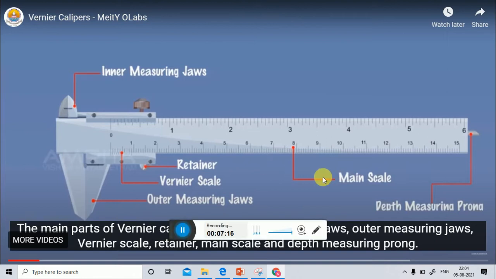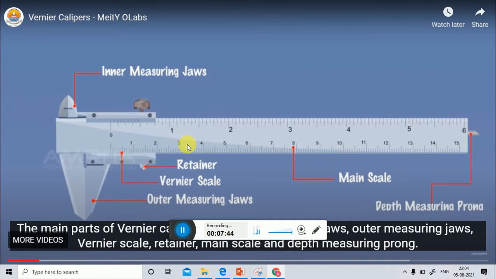The readings shown on the main scale are very similar to the readings on our usual, normal scale. Each division has a least count of 0.1 centimeters. So 8, 8.1, 8.2, 8.3, like that, 0.1 centimeter divisions are there on the main scale.